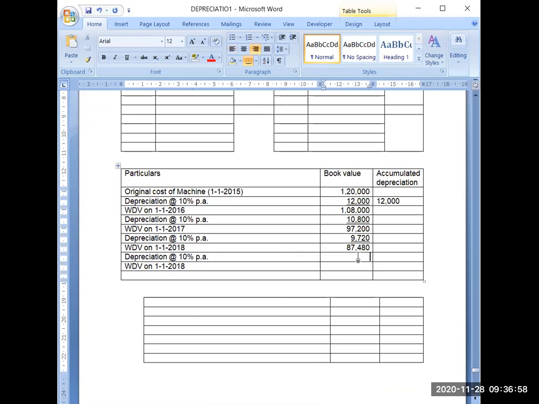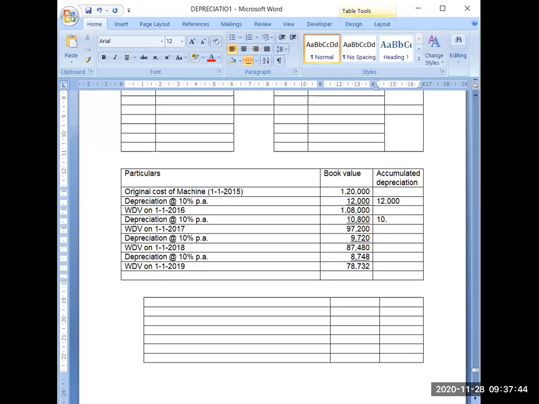Now the depreciation charge will be 8,748, and if we deduct it, we will reach the WDV as on 2019, which is 78,732.